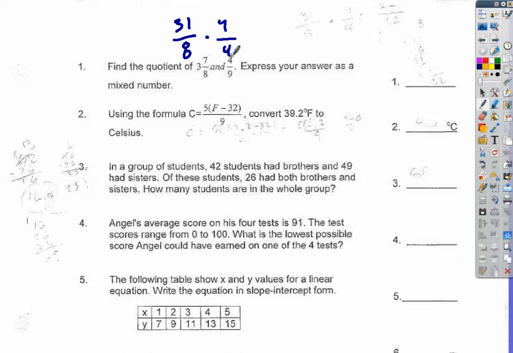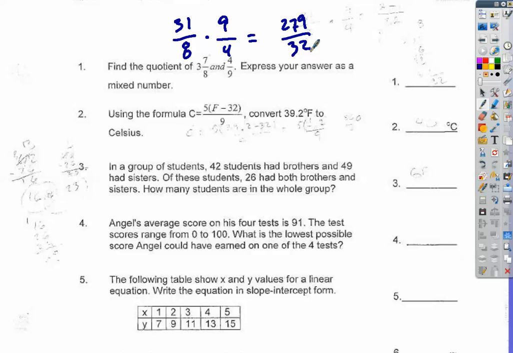That's unfortunate because nothing really fits nicely in that, right? I can't reduce. So then 9 times 31 is 279 over 32. So that would mean that we have to now divide the two.